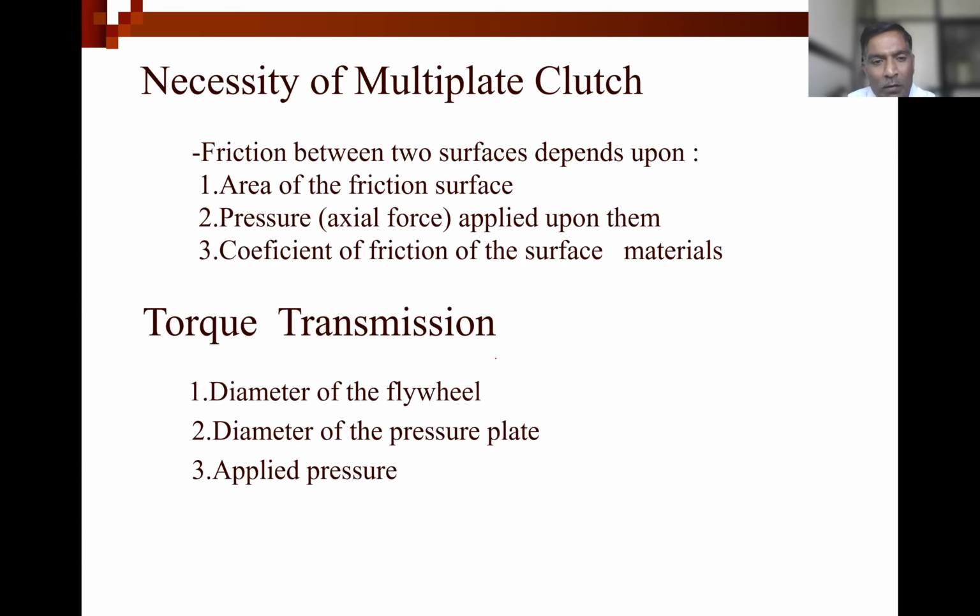So a large flywheel is available, we can have more torque transmission. But in small vehicles or cars, that much space is not available. So for that reason, we can use multiple plates which will increase the torque transmission. So one way is, after increasing the diameter, you can get more torque. And if we can't increase the diameter, in that case we can use multi-plate clutches.